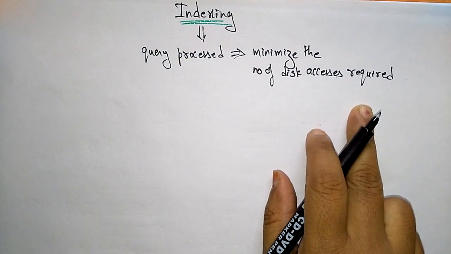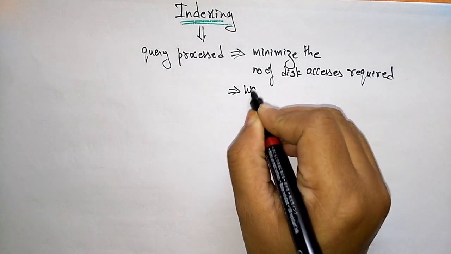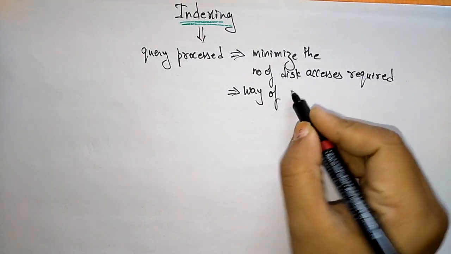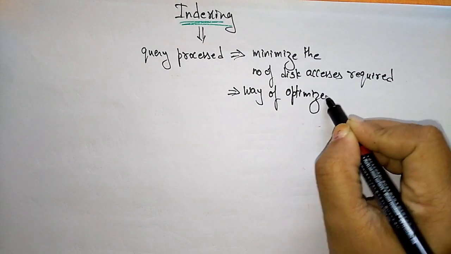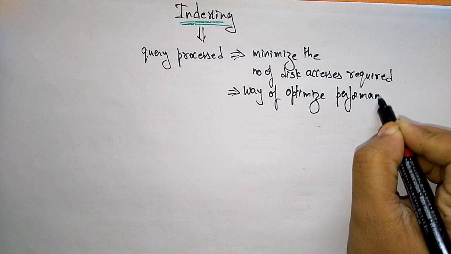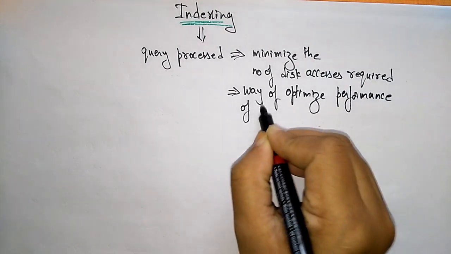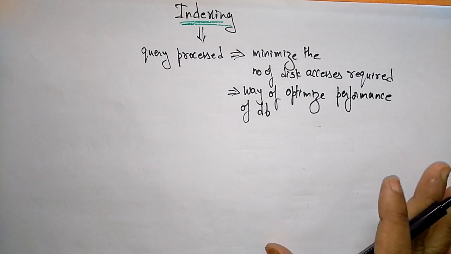So here the indexing is a way of optimizing the performance of a database. Okay, so this you call it as indexing.